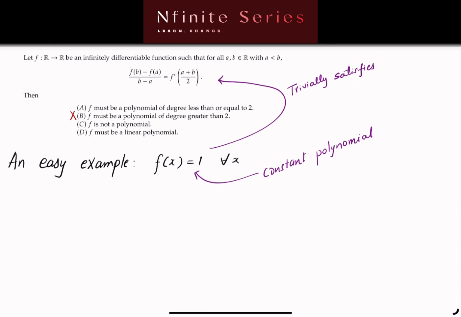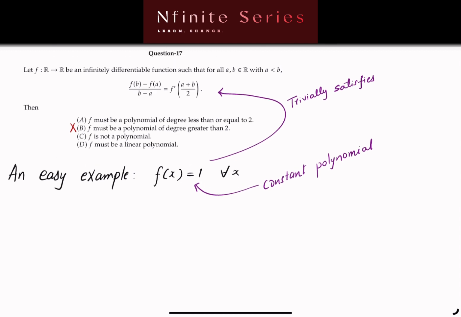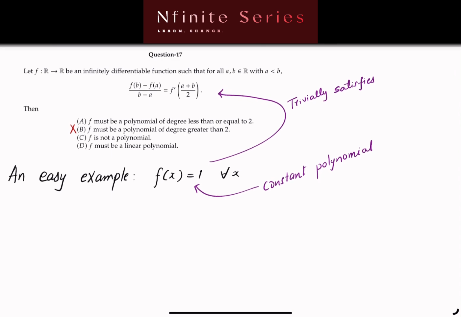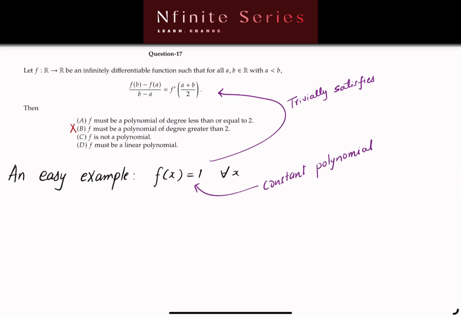C is also eliminated because f is indeed a polynomial in our example. So we have C not in the answer. What about D? D says that f must be a linear polynomial, but in our example it is not a linear polynomial, so D is also eliminated. So what's left is option A. So option A must be the correct answer.